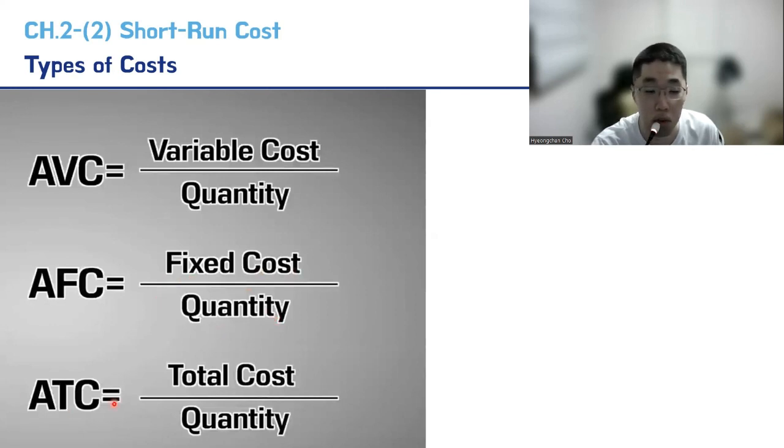And the average total cost is the total cost divided by quantity. Most of the time you're going to see them by acronyms, like AVC, AFC, or ATC. So you guys gotta get used to these acronyms.